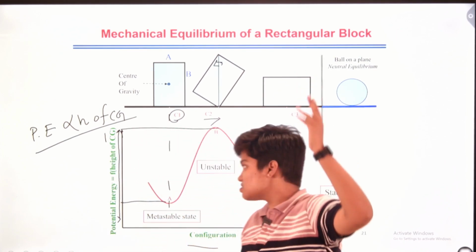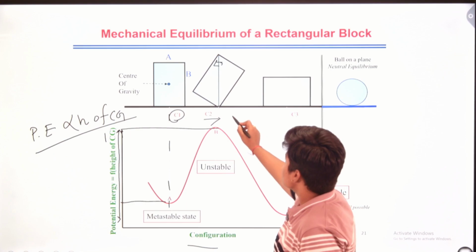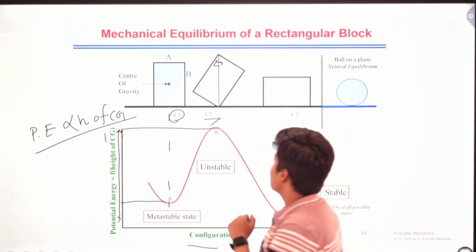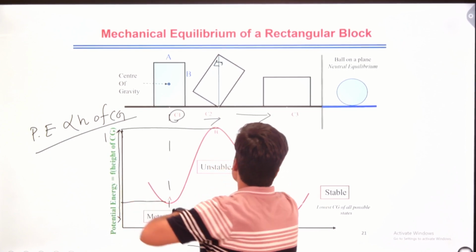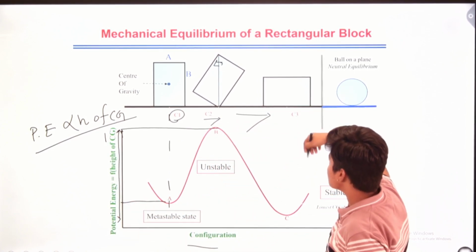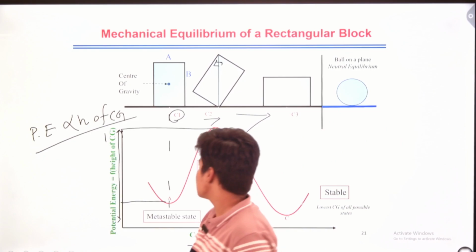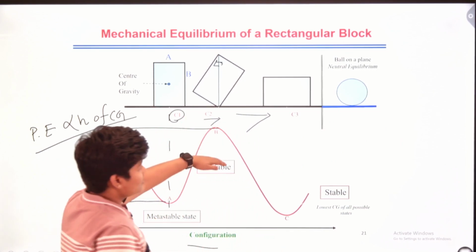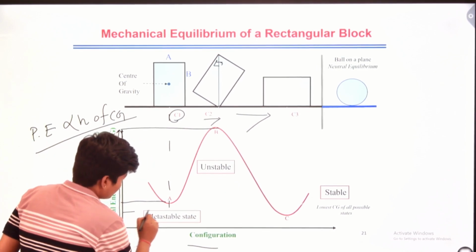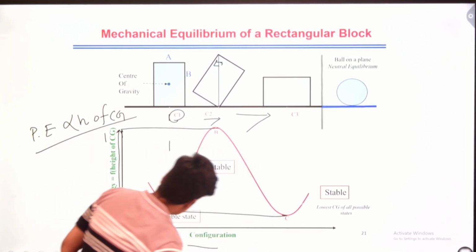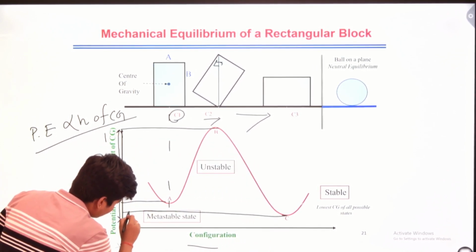Then we tilt the rectangular box from C2 to the C3 position, and this position is the most stable. We can see the center of gravity is lower and the stability is more. The potential energy here is at its minimum.